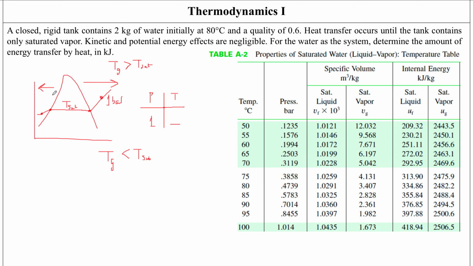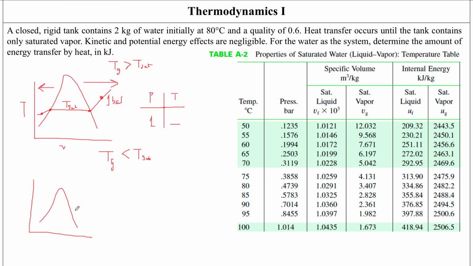So that is how you work with the TV diagram. If you understand the TV diagram, then the PV diagram is simple as well, and you can work with it too. The PV diagram is going to have the same thing in a way.